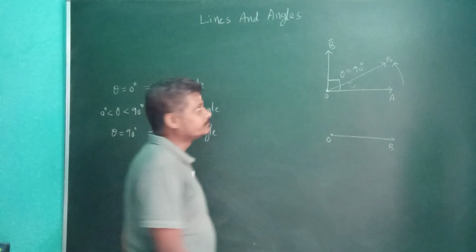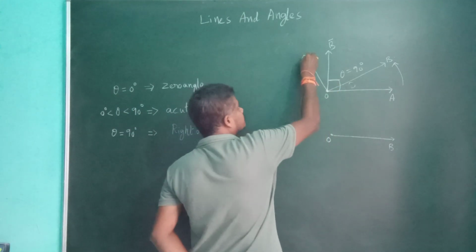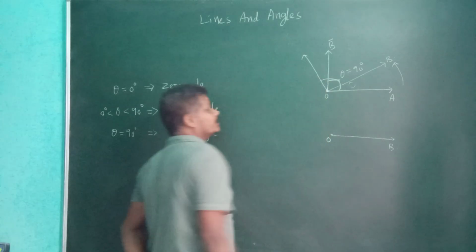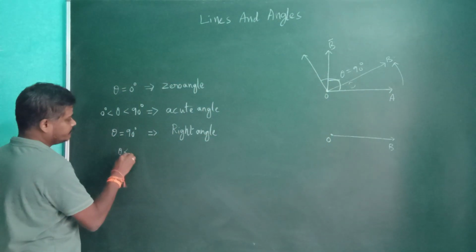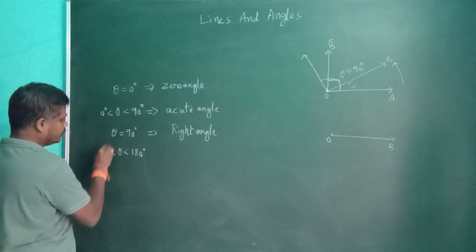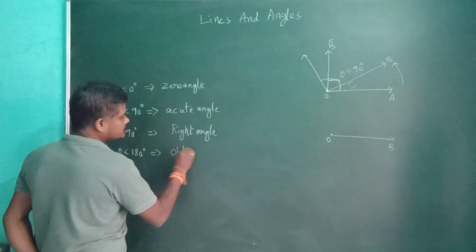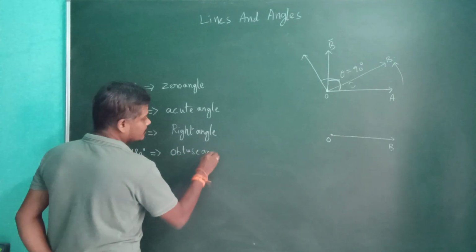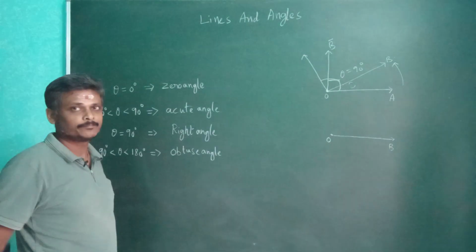If I rotate further such that this angle theta is greater than 90 and less than 180, theta lies between 90 degree and 180 degree. This is called obtuse angle. Theta should not be 90, theta should not be 180.